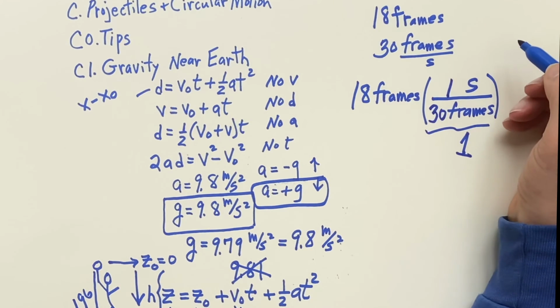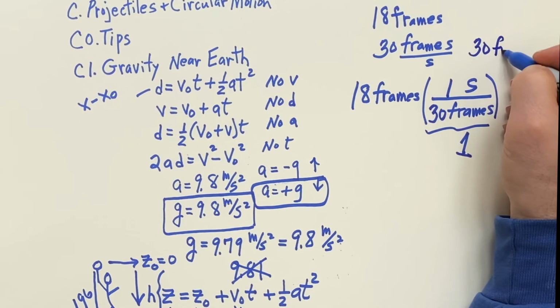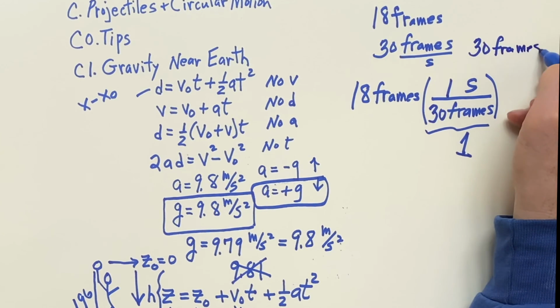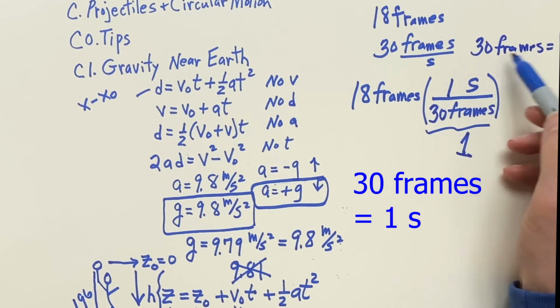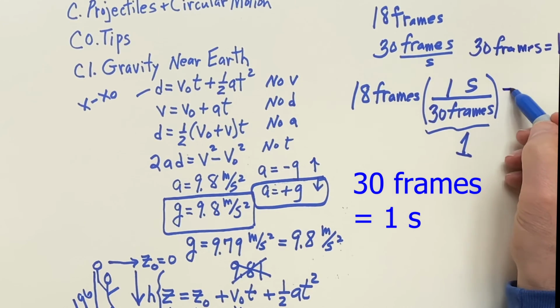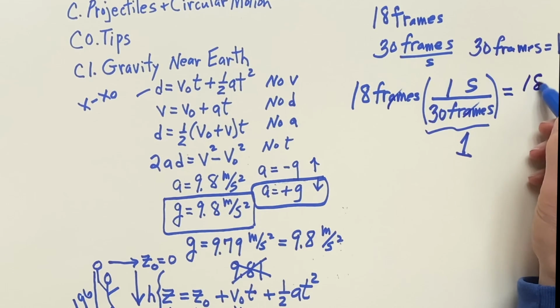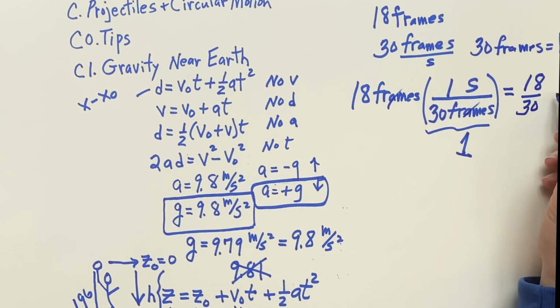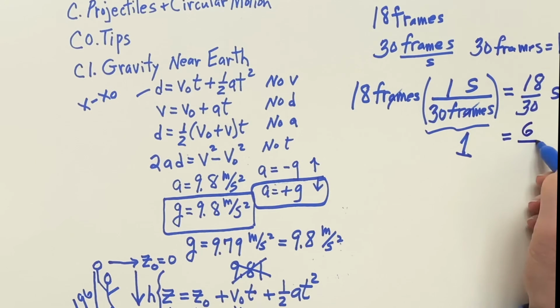That's the idea there. So you could write this as 30 frames equals 1 second, and then here I divided both sides by the 30 frames. So this is going to cancel out the frames, and you'll have 18 over 30 seconds, and this reduces very nicely without a calculator. 3 goes into 18 6 times, 3 goes into 30 10 times.